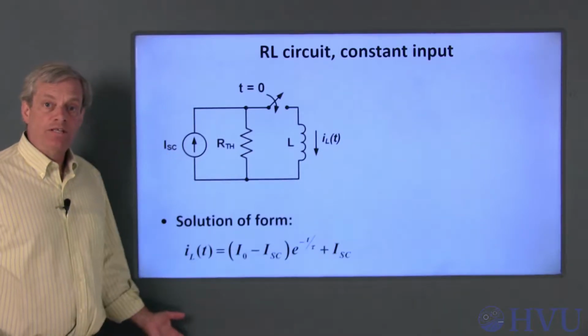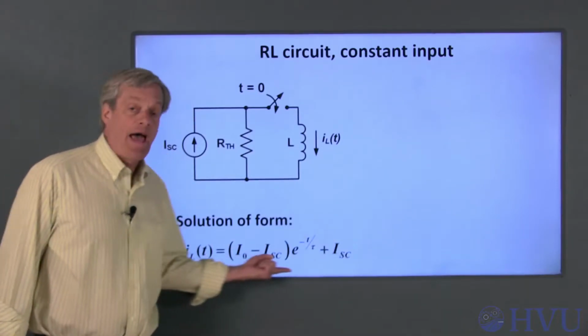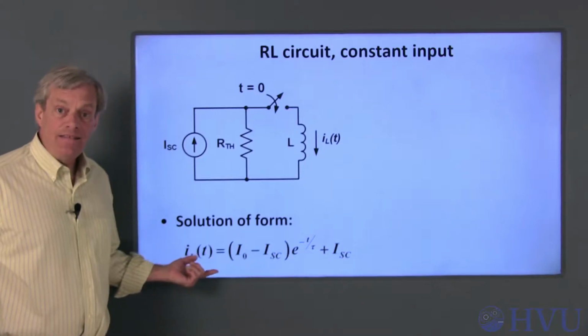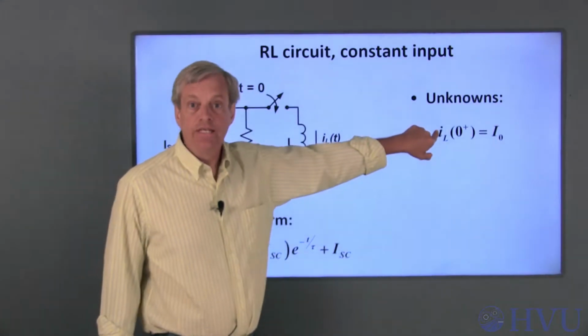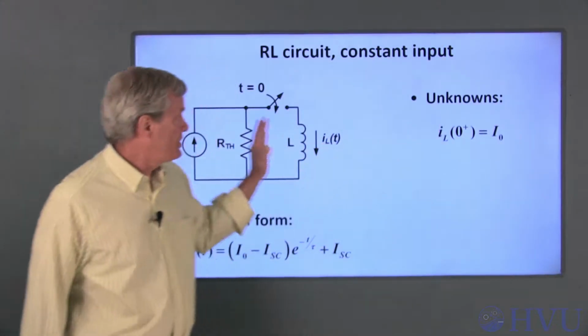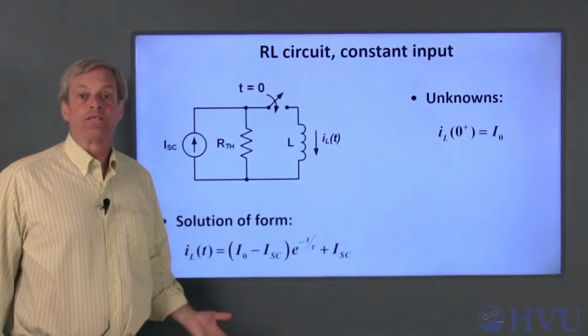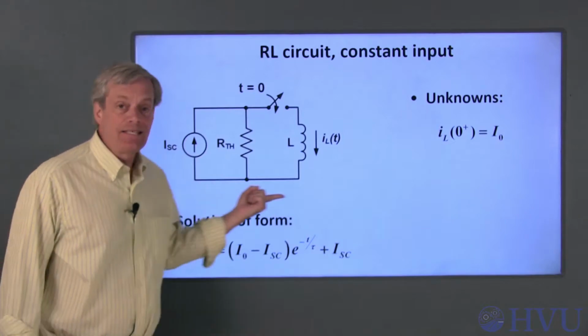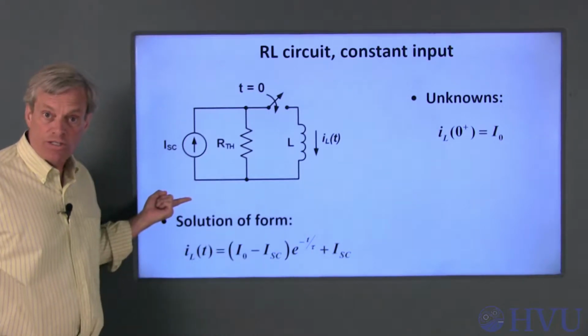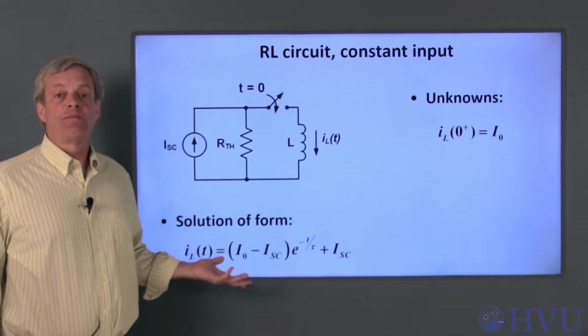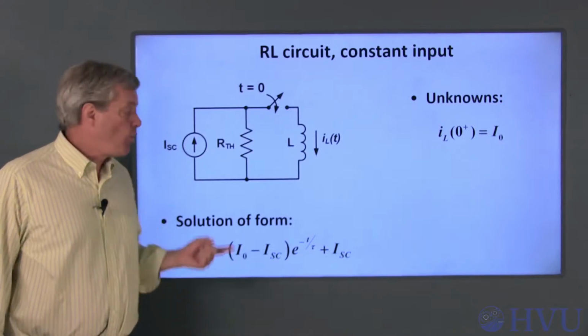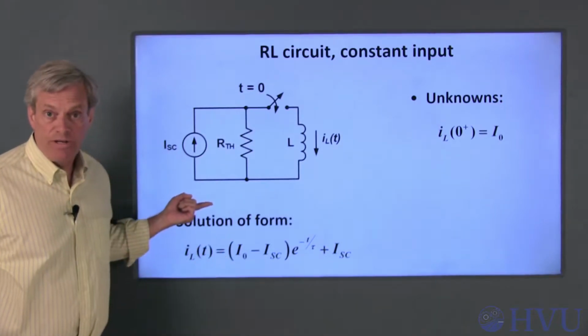The response of the inductor current for time greater than 0 has this form. In this equation, I0 is the initial current through the inductor just after this switch closes. As with RC circuits, the initial condition is not necessarily determined from the circuit shown here, since this is a property of the inductor just before this model becomes appropriate.